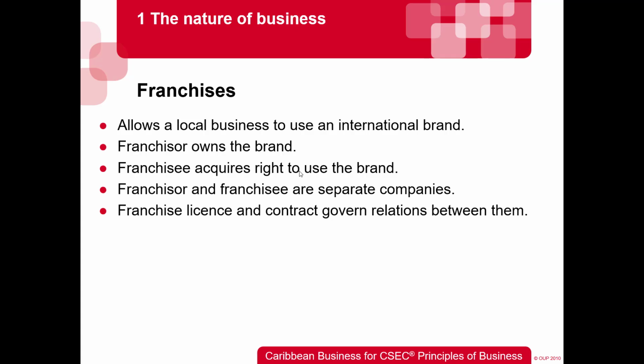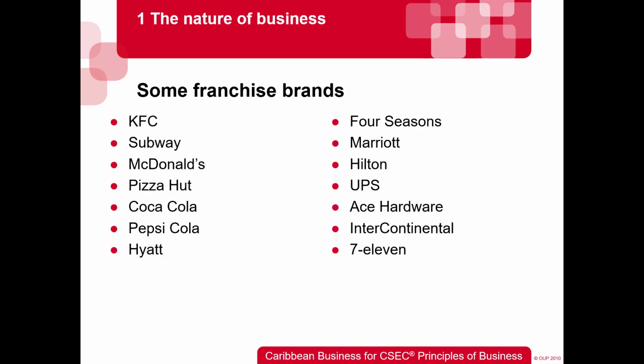So if I, who live in a small island, want to open a fast food restaurant, I can go to the owners of KFC and say, I would like to open a fast food restaurant in my island. Can you give me the rights to use your name, your brand, your recipe, your layout, everything that comes with your organization, to start a business in my island?